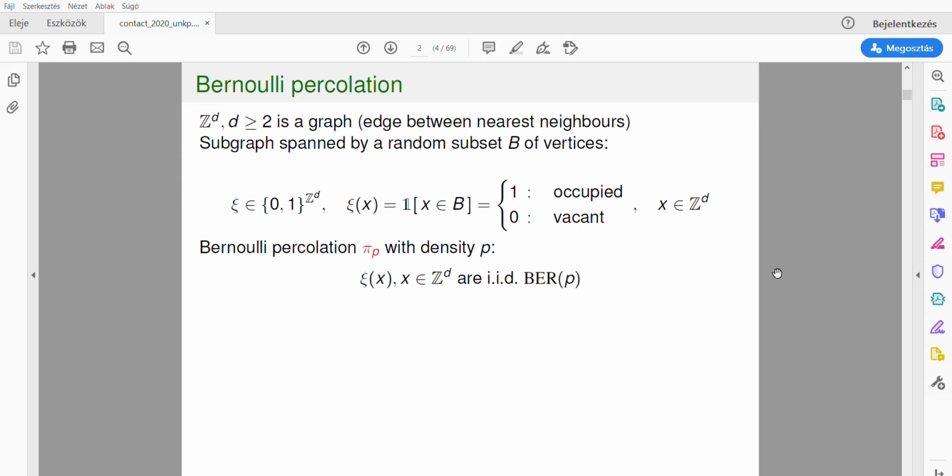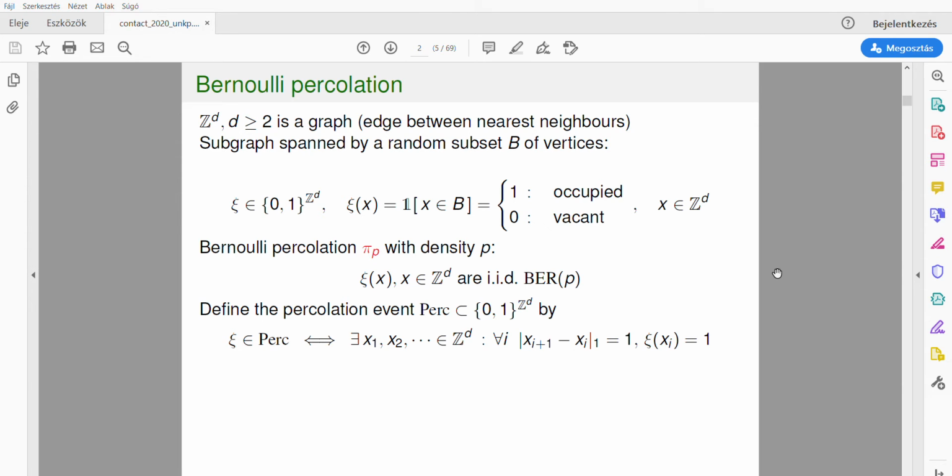And again, these are IID random variables, so these random variables Xi are IID with Bernoulli distribution with parameter p. And this is how I choose my random subset of the lattice, and I'm going to be curious about the connectivity properties of this subgraph that is spanned by this random subset B.